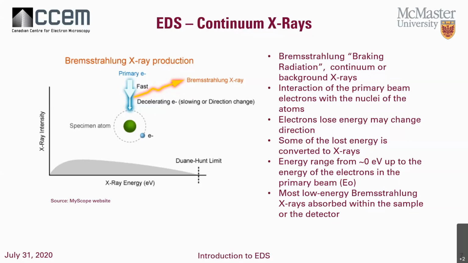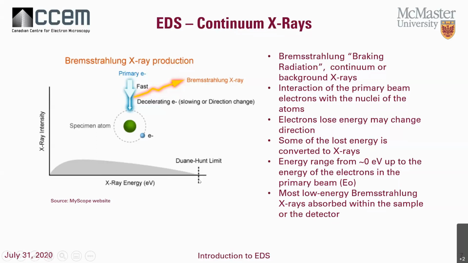And here you can see what the background radiation looks like in a spectrum of X-ray intensity versus X-ray energy. The Duane-Hunt limit is basically the accelerating voltage of the electrons.